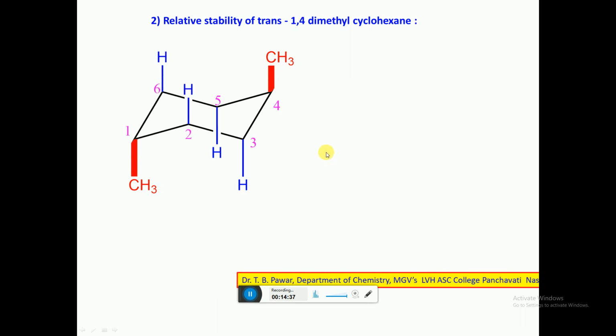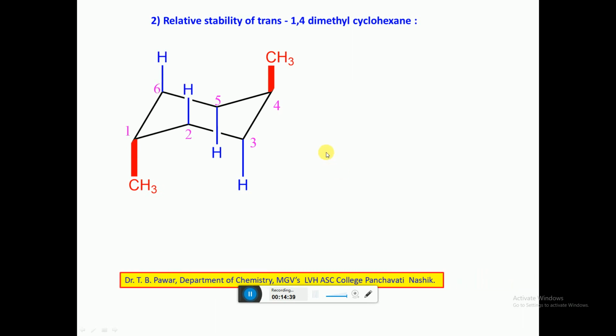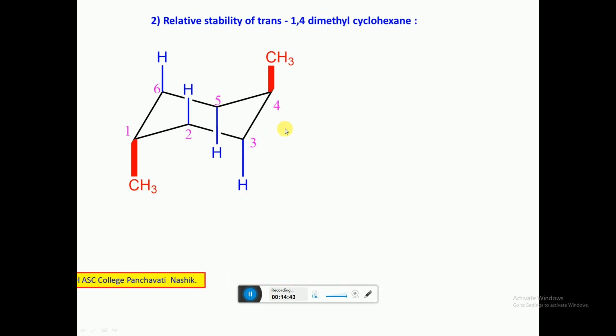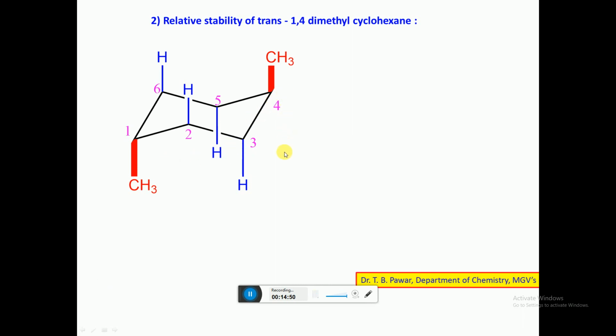Whenever both methyl groups are in axial position, there is a strong interaction, and because of the interaction, the energy of the molecule increases and the molecule becomes less stable. So for 1,4-dimethyl cyclohexane, the trans-axial form is less stable than its equatorial form.